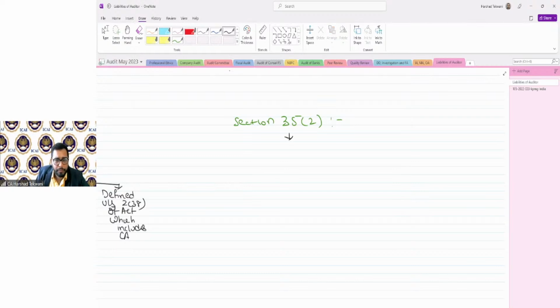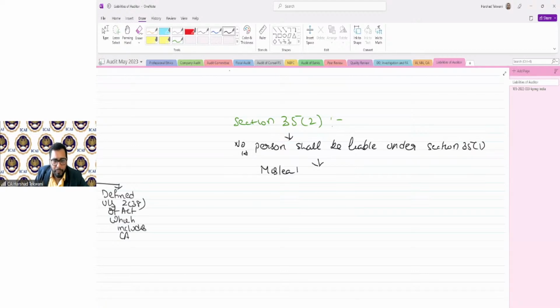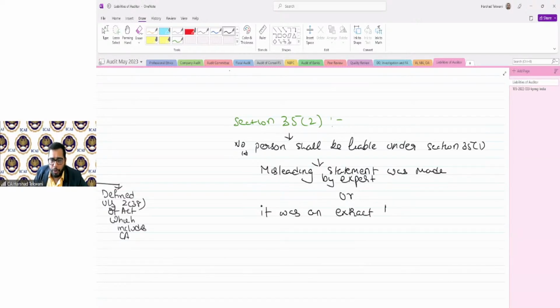So no person shall be liable under Section 35(1) if this misleading statement was an extract from a report or valuation by an expert.